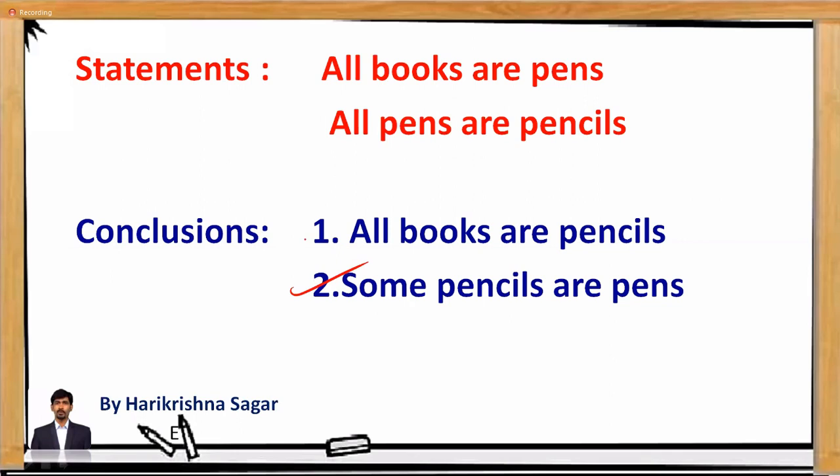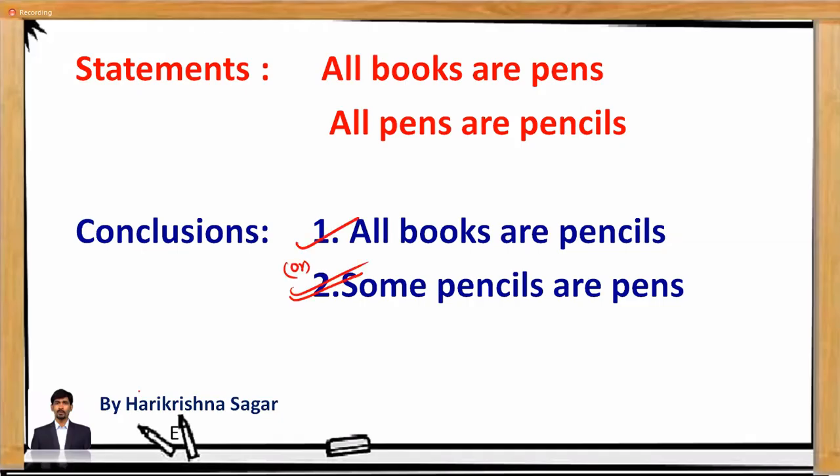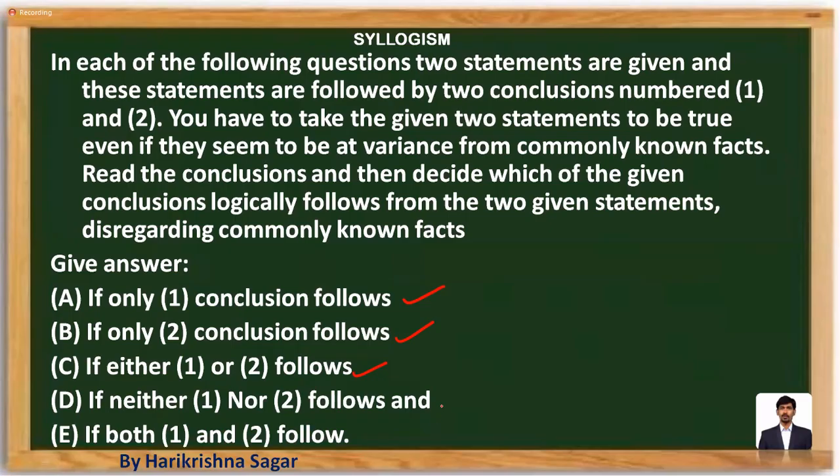Sometimes you can see that conclusion 1 follows, or otherwise conclusion 2 follows. At that time we can mark the answer choice as either 1 or 2 follows. If 1 follows, 2 should not follow. If 2 follows, 1 should not follow. In that case you can go for option C. If both the conclusions are not following, conclusion 1 is not following and conclusion 2 is not following, then you can mark your answer choice as option D, that is, neither 1 nor 2 follows.